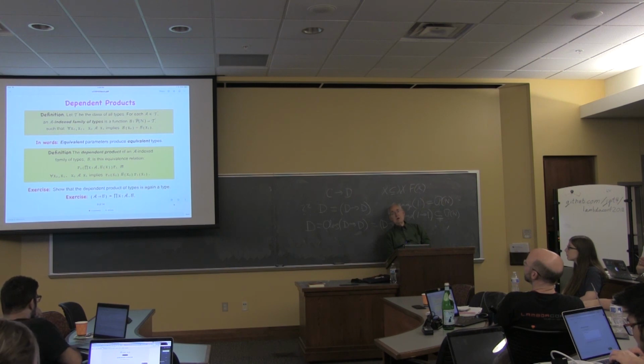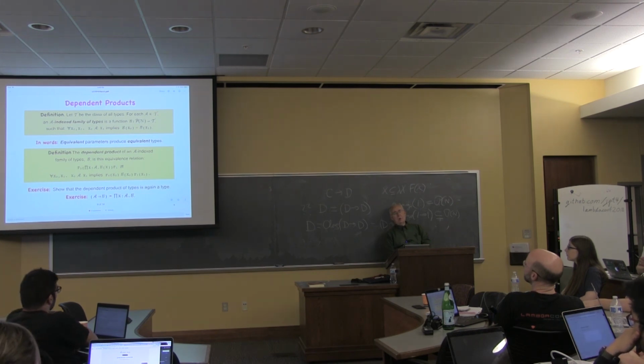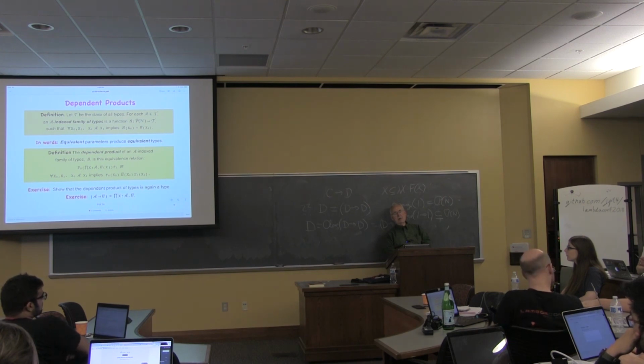I said equal types there, but I could have written in predicate calculus: for all x0, x1, if x0 is equivalent to x1 in A, then for all y0, y1, y0 is equivalent modulo B parameterized by x0 to y1, if and only if y0 is equivalent by B of x1 to y1.